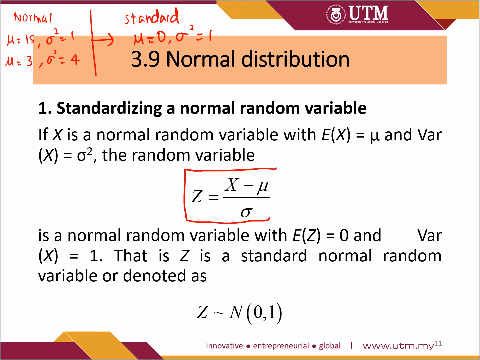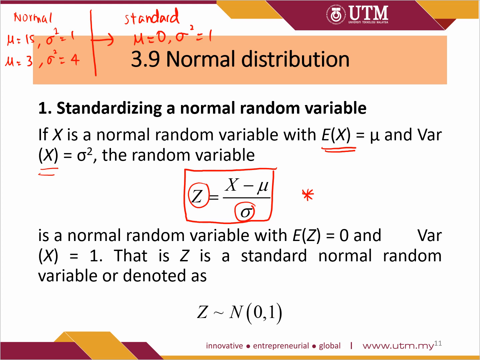Z equals x, the random variable, minus the mean, over sigma. You have to remember this. Here z is the standard normal random variable, x is the normal random variable, mu is the expected value or mean, and sigma is the standard deviation from the variance of x.